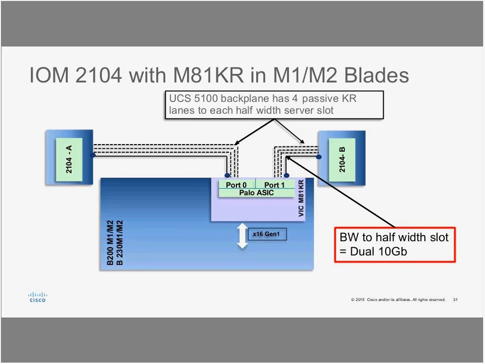There are several traces that the I/O module exposes to the server. But because you have an M81KR, you're only able to utilize one of the traces. So essentially, you're going to have one 10 gig trace connection, one HIF, that goes to I/O module A, and also one 10 gig connection that goes to I/O module 2. And all these other interfaces will not be switched on.